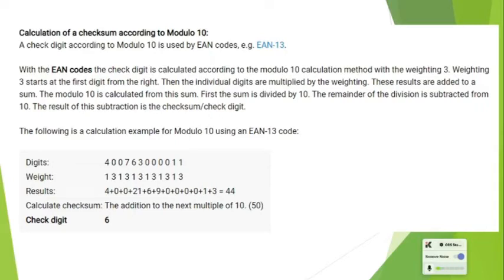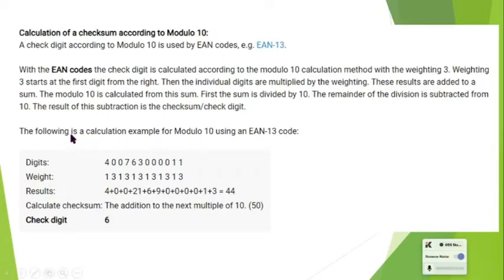Weighting 3 starts from the first digit from the right, then the individual digits are multiplied by the weight. These results are added to the sum, and the modulo 10 is calculated from this sum. The sum is divided by 10, so the remainder of the division is subtracted from 10. The result of the subtraction is the checksum or the check digit.